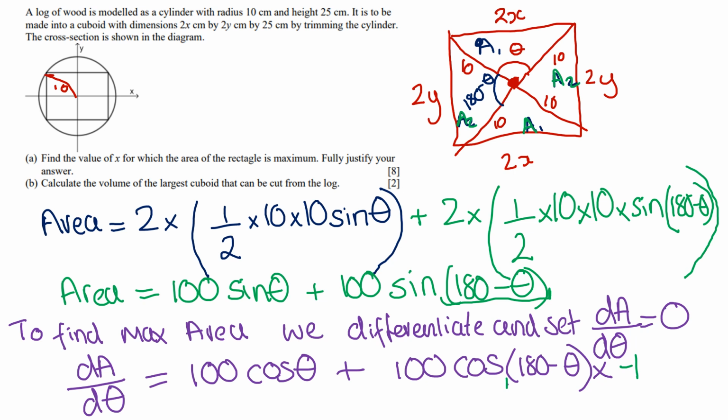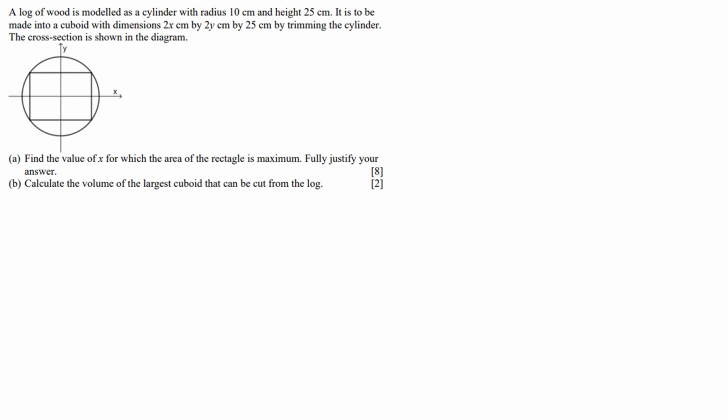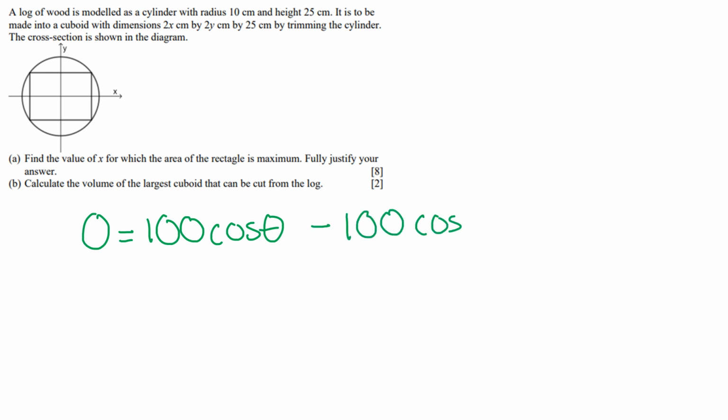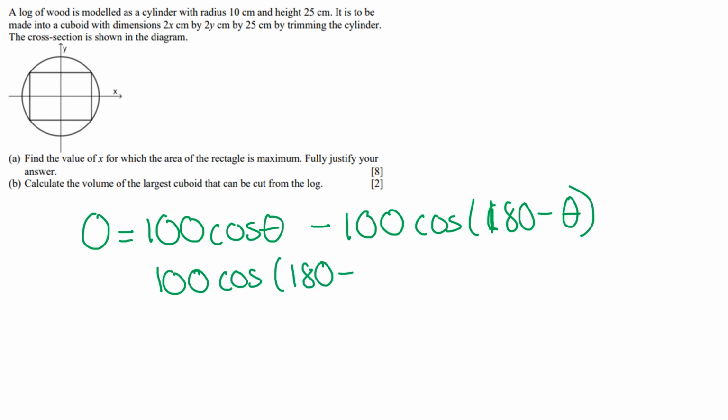So I'll turn over now. I need more space. So I've got 0 equals 100 cos theta minus 100 cos (180 minus theta). Let's take that over there: 100 cos (180 minus theta) equals 100 cos theta.